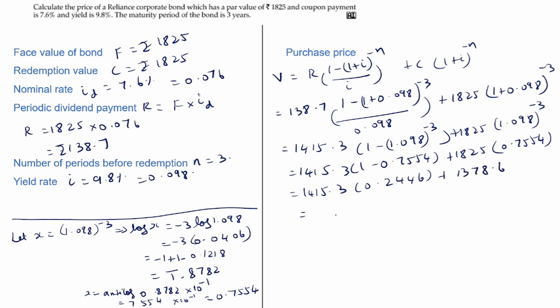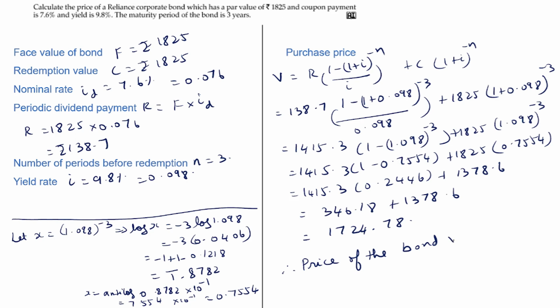Now this when we simplify we get 346.18 plus 1378.6. These two when we add we get 1724.78. Therefore, the price of the bond V is equal to rupees 1724.78. So this is the price of the bond.